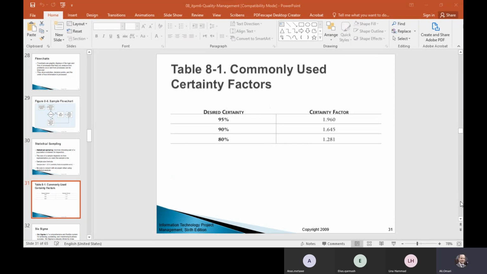To that point, I want to reiterate, the certainty factor denotes how certain you want to be that the sample data does not include variation. Does not include variation, meaning it represents the actual whole population.